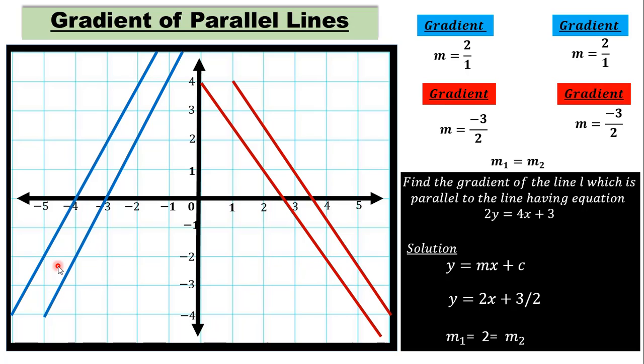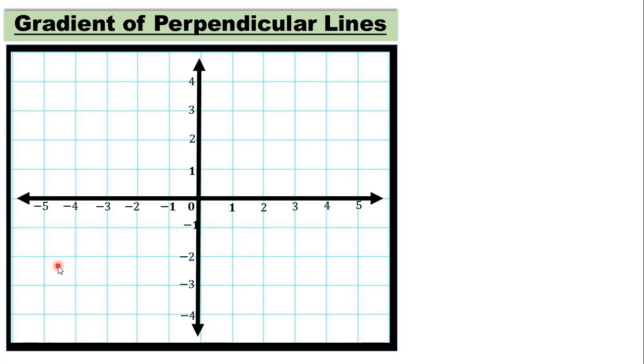Let us now consider another pair of lines that is perpendicular to one another. In order to find the relationship between the gradient of two perpendicular lines, let us consider a particular line lying in the Cartesian plane. To find its gradient, we will say for 1 unit in x direction, how many units it is moving in the vertical direction.